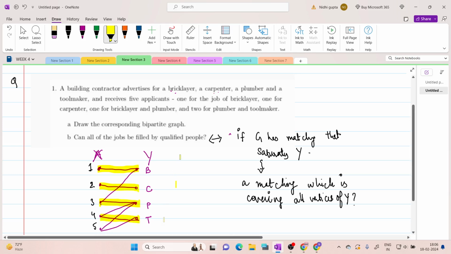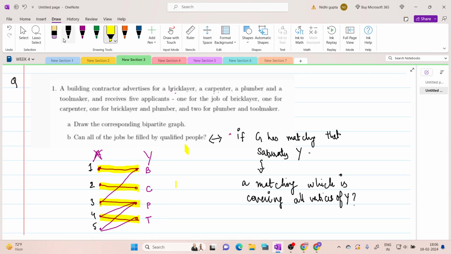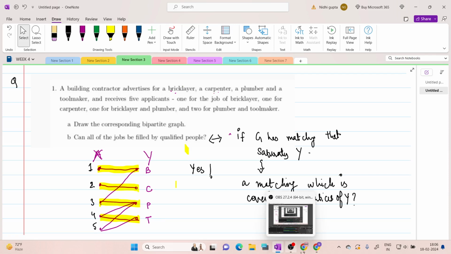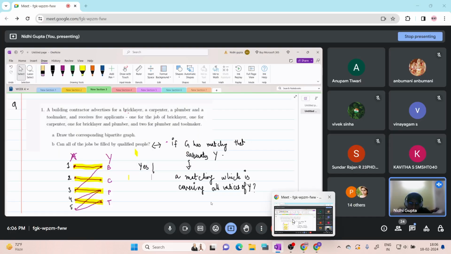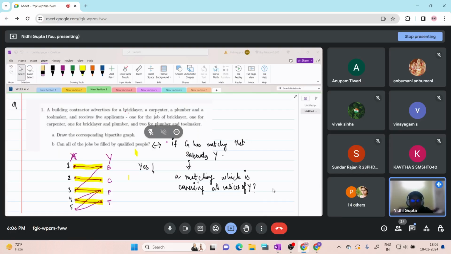Okay. Yes. So the answer is yes. And we also have a matching that saturates Y, not perfect. So is this question clear to everyone?